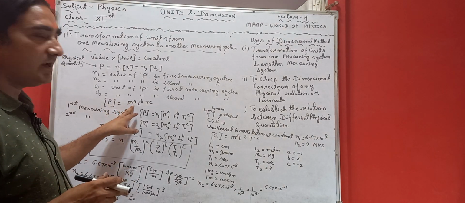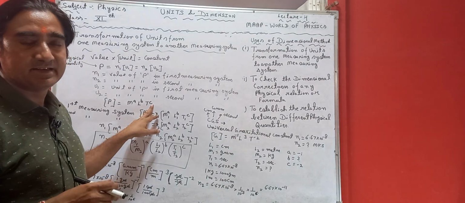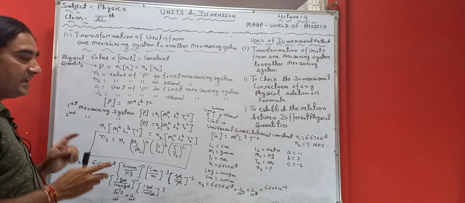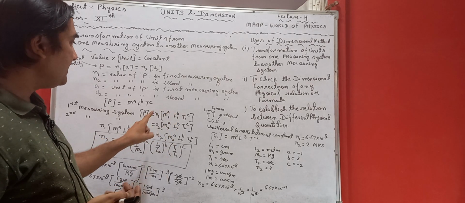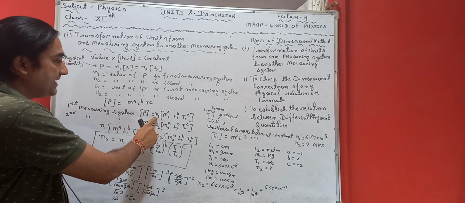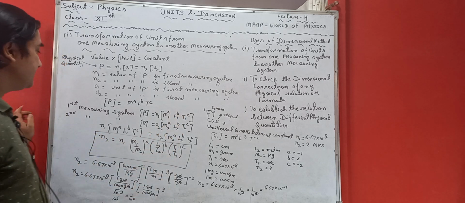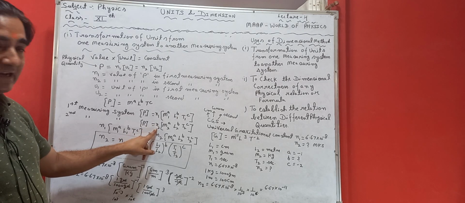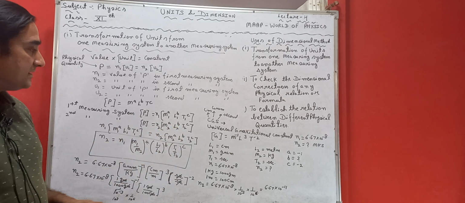Suppose the dimensional formula for this physical quantity is M^a L^b T^c. Now, in the first measuring system, if M1 is the mass, L1 is the length and T1 is the time, the physical quantity can be expressed as the value multiplied by the dimensional formula, that is n1 M1^a L1^b T1^c. Similarly, in the second measuring system, it can be expressed as n2 M2^a L2^b T2^c.